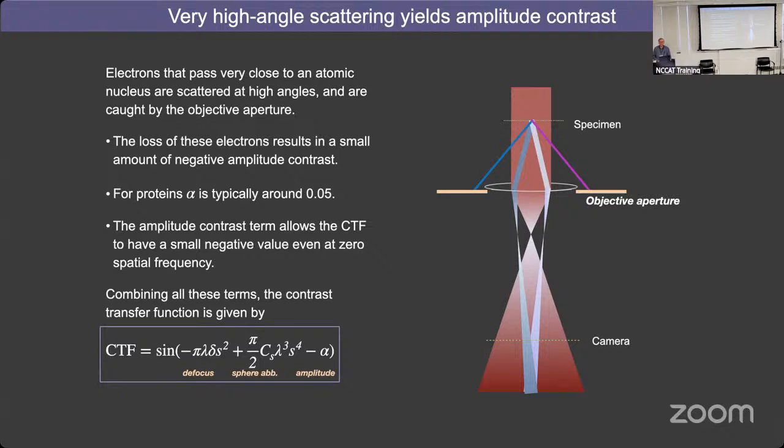Because a high amplitude contrast looks in a conventional image just the same as a high defocus contrast. But if you have data taken at a series of defocus values, in principle, you could unscramble that and see, oh, okay, we got more amplitude contrast from this part of the protein.